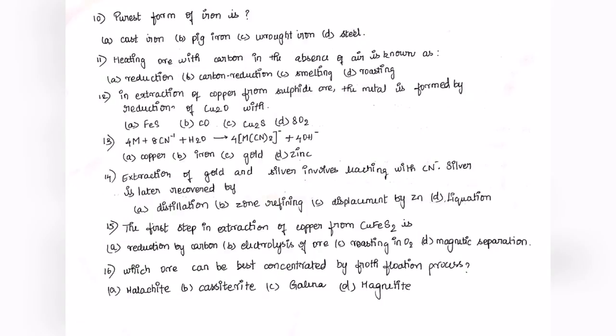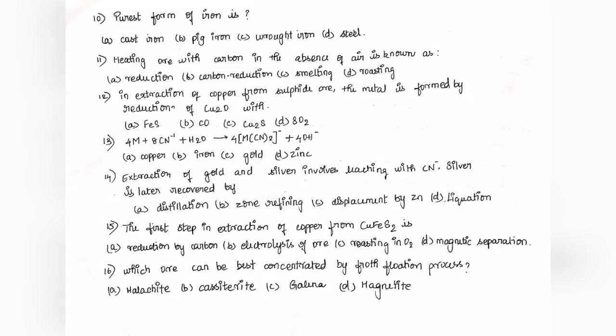Fifteenth question. The first step in extraction of copper from CuFeS2 is reduction of carbon, electrolysis of ore, roasting in O2, magnetic separation. Sixteenth question. Which ore can be best concentrated by flotation process?